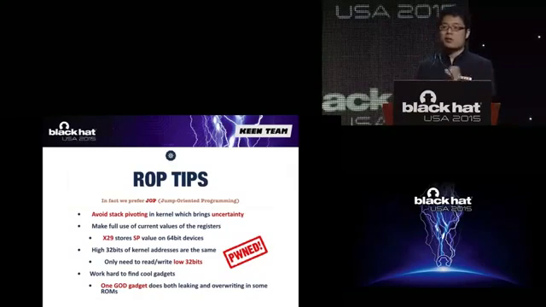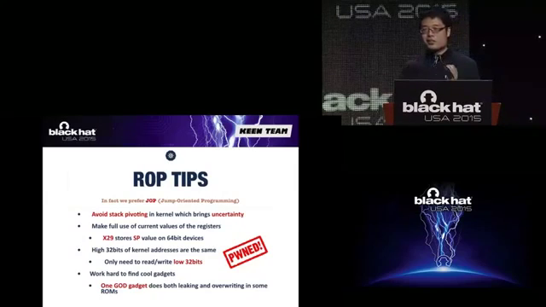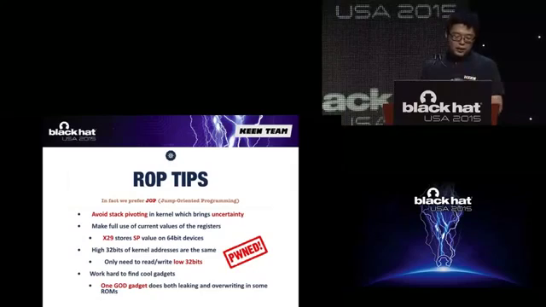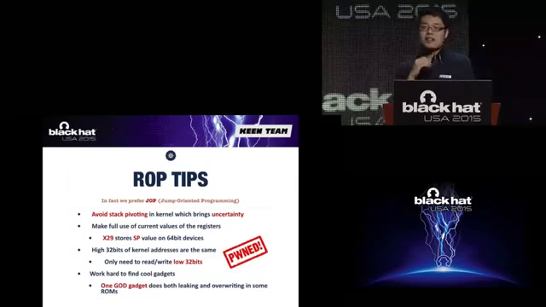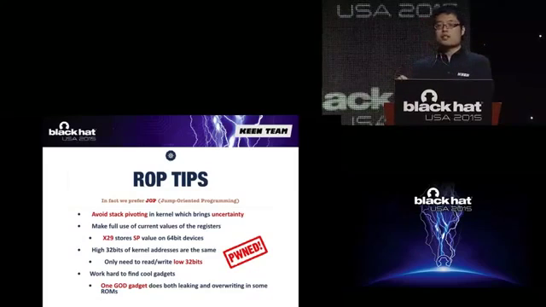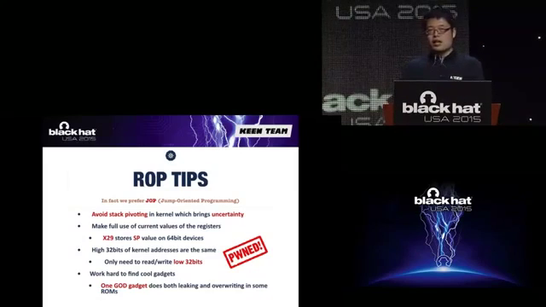We just jump, and finally achieve our goal. We cannot corrupt the stack value. So here are some tips. Basically, you should make full use of the values of the registers when you invoke those corrupted function pointers. At the beginning of the chain, you should make use of the current values of the registers.